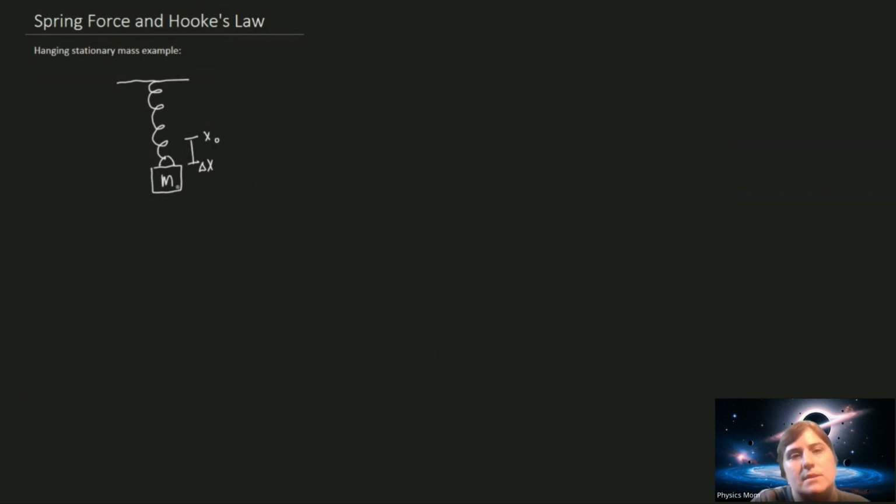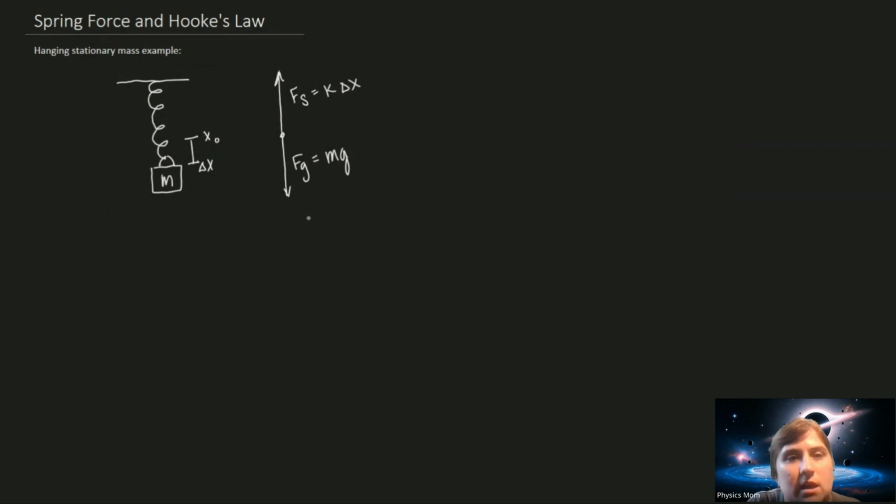And the reason the mass is going to end up being stationary is that the forces are going to be exactly equivalent. If I draw the free body diagram, well, what's the thing pulling the mass down? Gravity. Fg, which in the case of Earth is always equal to the mass of the object times Earth's gravitational acceleration. And what's the thing holding it up? Well, that's the spring force, which is going to equal the spring constant of the spring times the displacement distance, using Hooke's law.